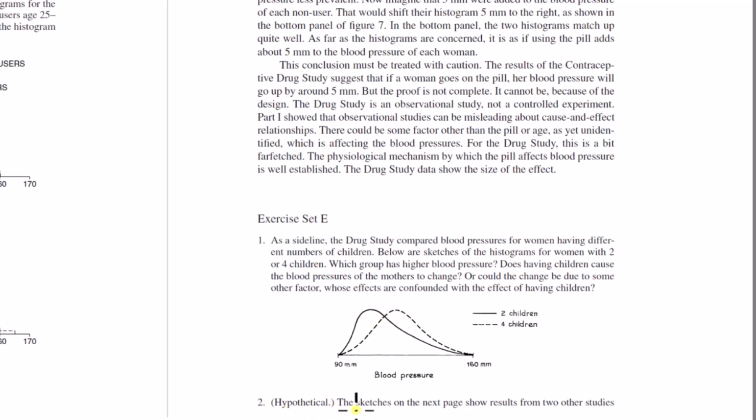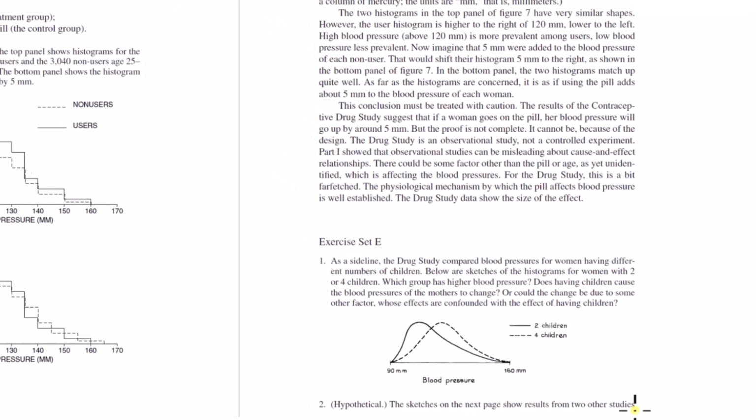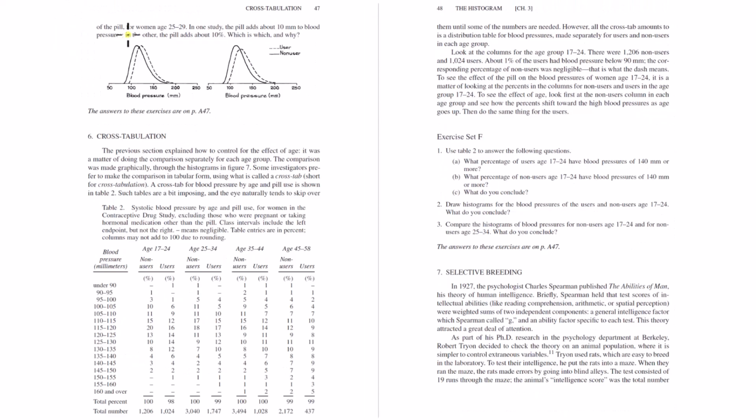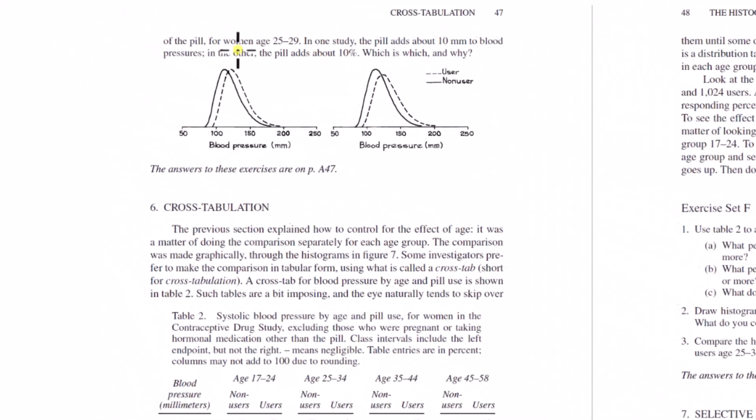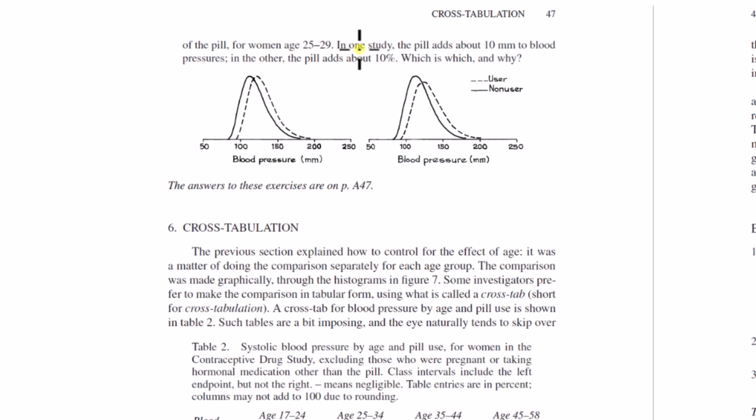Okay, hypothetical. The sketches on the next page show results from 2 other studies of the pill for women aged 25 to 29. In one study, the pill adds about 10 millimeters to blood pressures. In the other, the pill adds about 10%. Which is which and why?